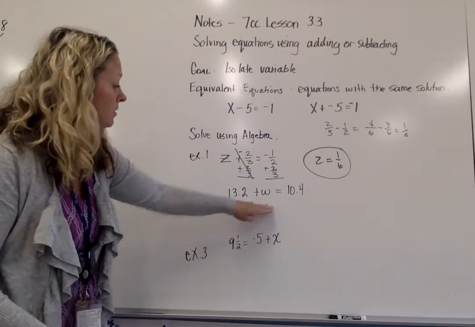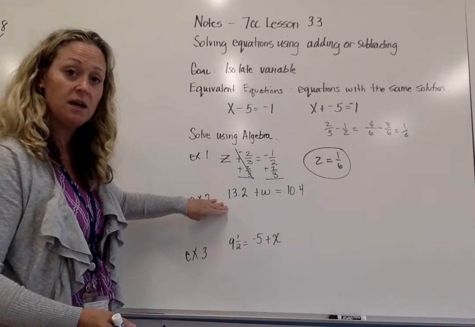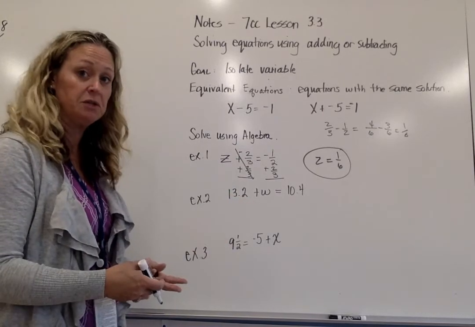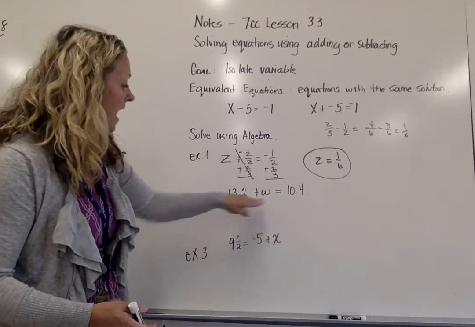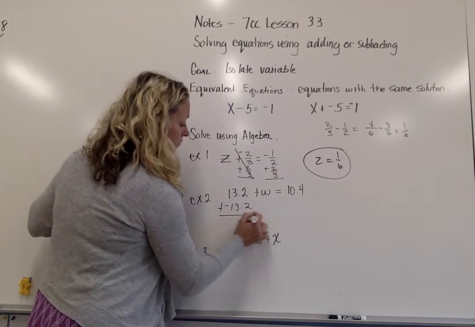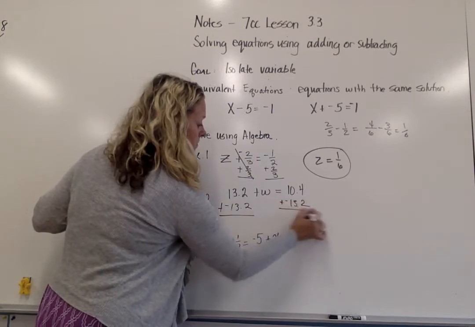For this one, I'm also trying to isolate the variable. In this case, it's w. The opposite of 13 and 2/10 would be negative 13 and 2/10. So it's being added, so I'm going to add the opposite in order for it to cancel out. Okay.